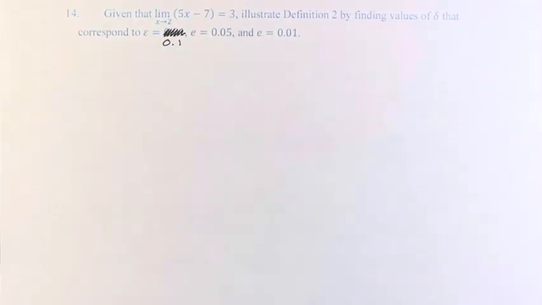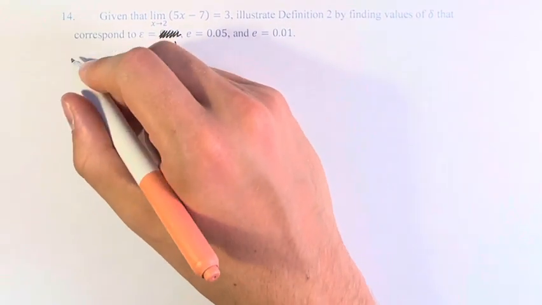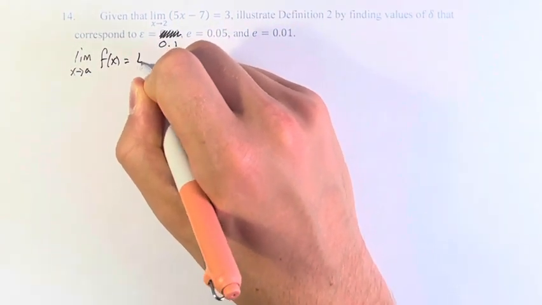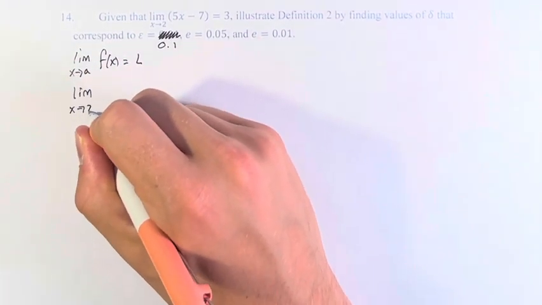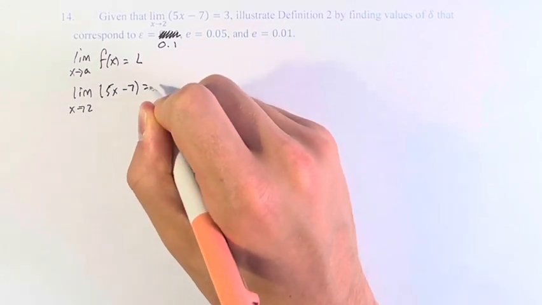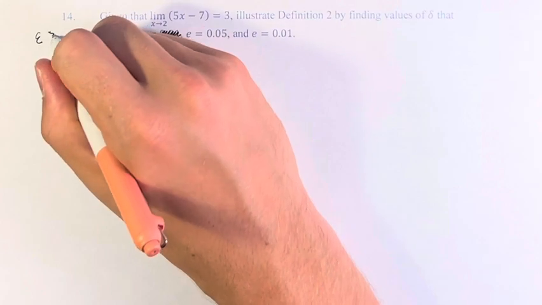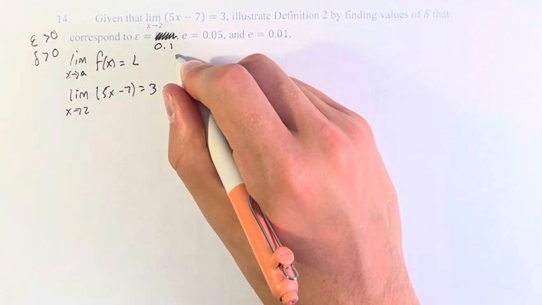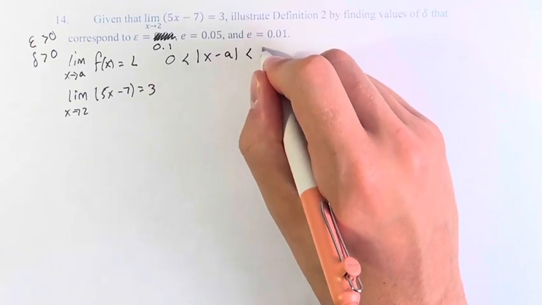So what we have to do here is say, first of all, what is the definition 2 that they're talking about here? It's saying that if we have the limit as x approaches a of f of x being equal to L, so here, that would be the limit as x approaches 2 of 5x minus 7 is equal to 3, then this is true if for every epsilon greater than 0, there is a delta greater than 0 such that 0 is less than the absolute value of x minus a, is less than delta.